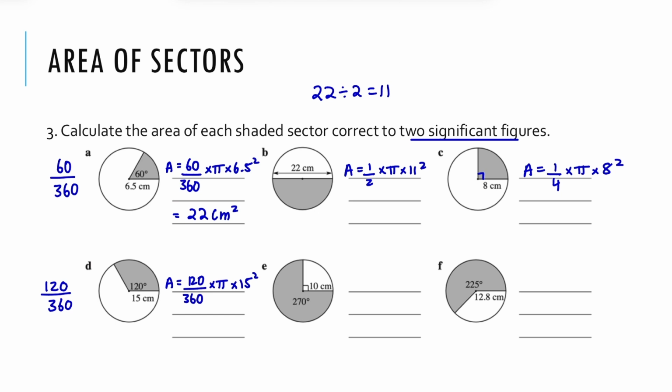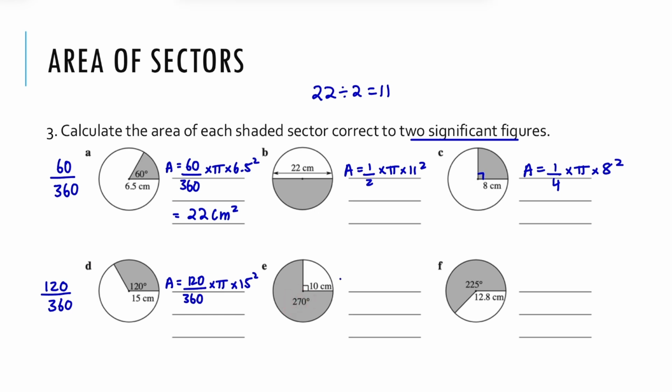With E now, what I want you to notice is, can you see that the shaded part is actually the large part? So here I'm not looking at the quarter. To find the area of this shaded part here, can you see that the angle within the sector is going to be 270?